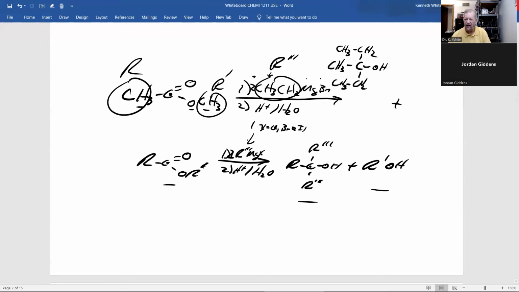And my second alcohol, let's move me out of the picture here a little. What's our R prime? Methyl. So you get methanol. And that's how you do esters.